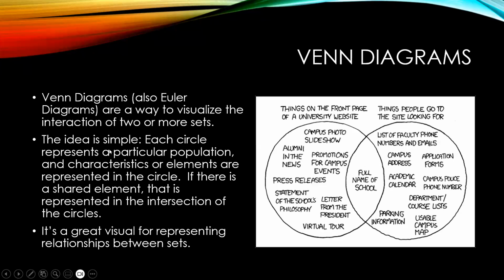Each circle represents a particular population, and characteristics or elements are represented in the circle. If there is a shared element, that is represented in the intersection of the circles. If there's something which is in neither of them, sometimes you'll see that on the outside of the circles. It's a great visual for representing the relationships between sets.